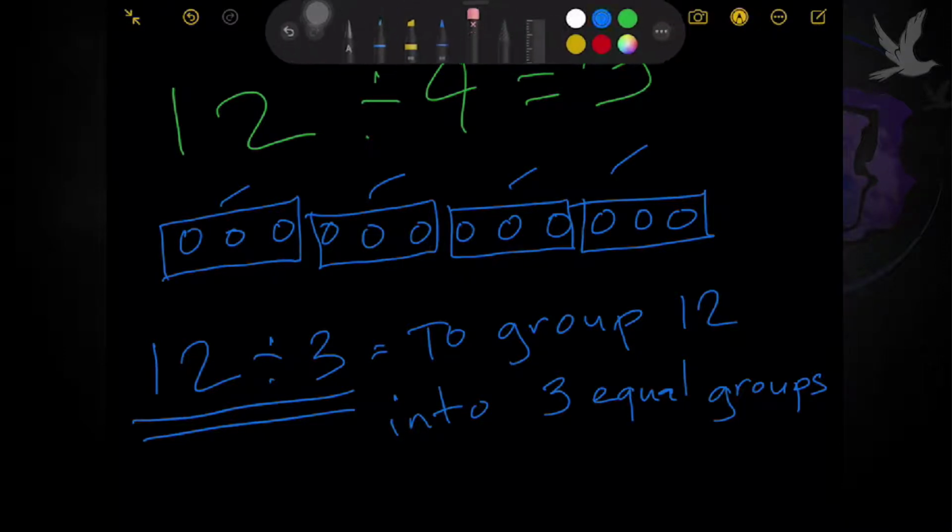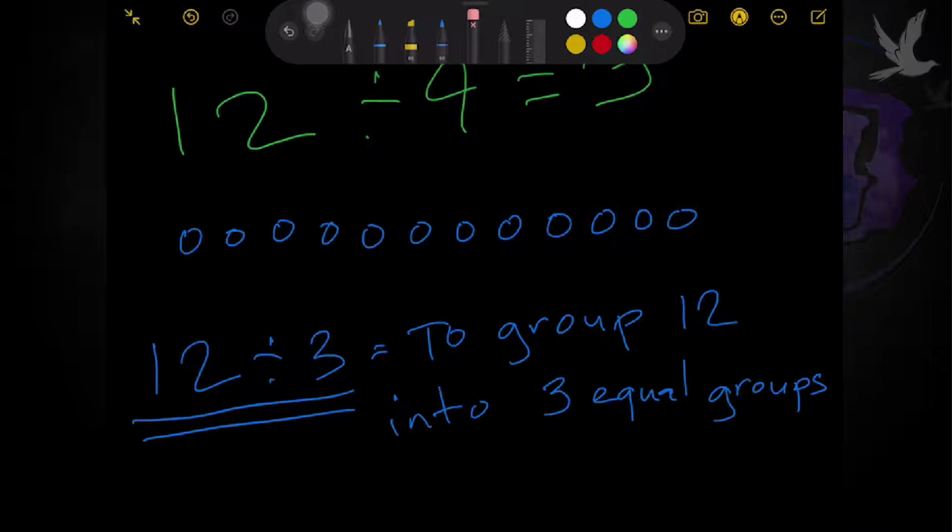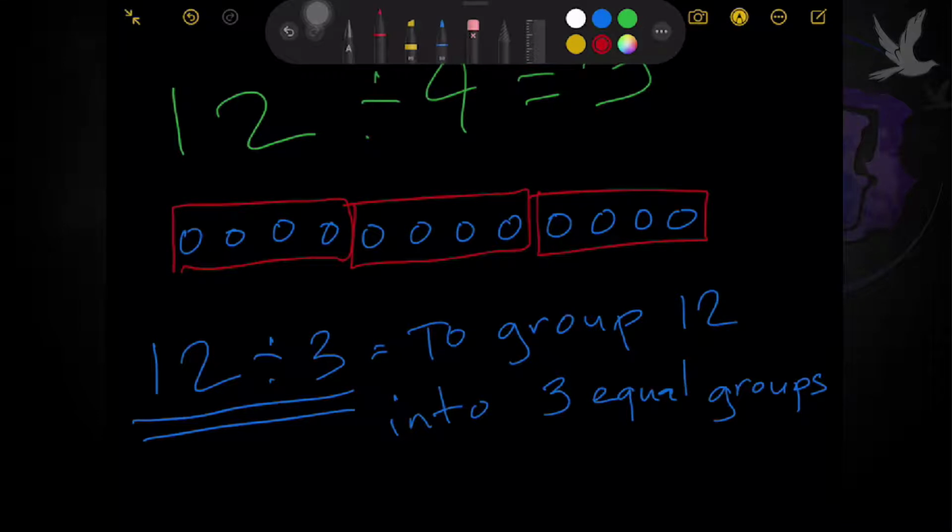So let's try to group it in a different manner. Let's try to include 4. We have 1, 2, 3. Okay. We were able to group it into 3 groups. Now the question is, do we have 3 equal groups? Equal?